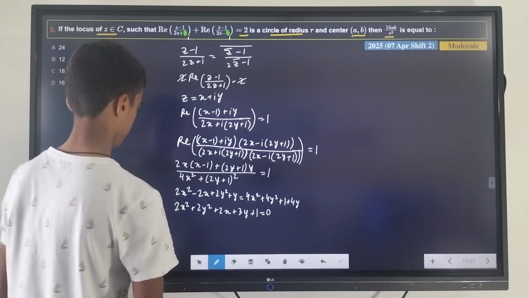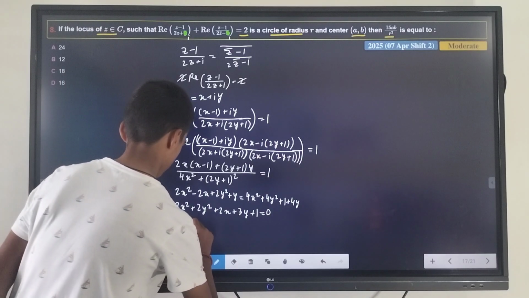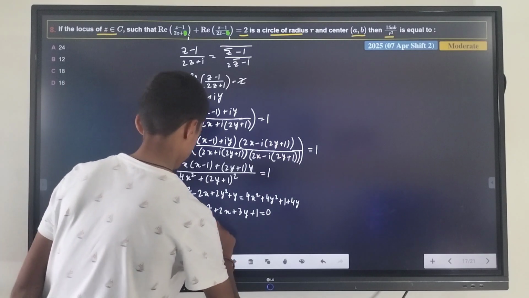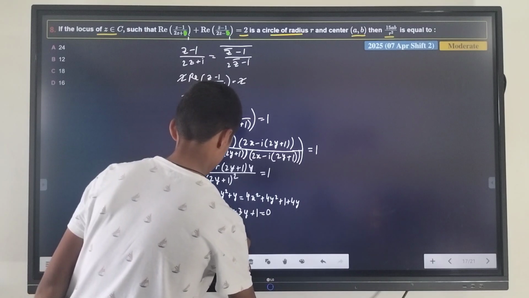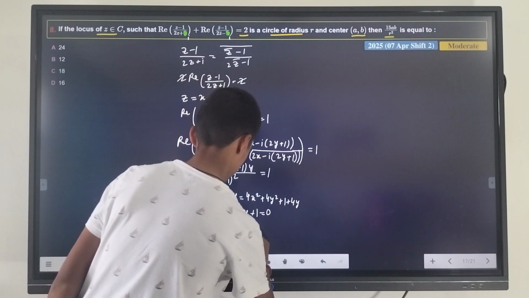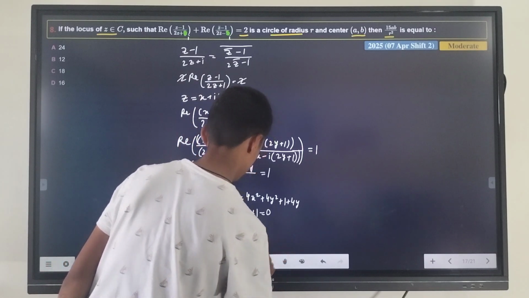Now dividing by 2 on both sides, we will get x square plus y square plus x plus 3 by 2y plus 1 is equal to 0.